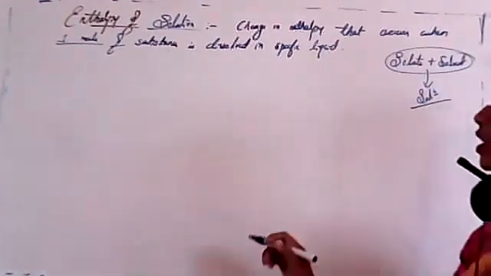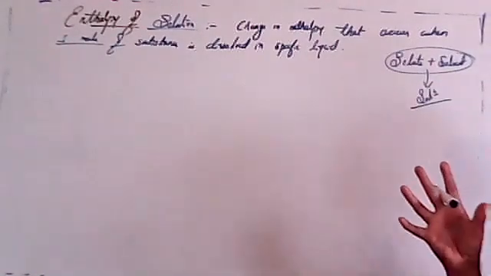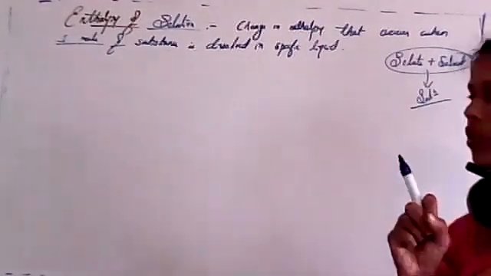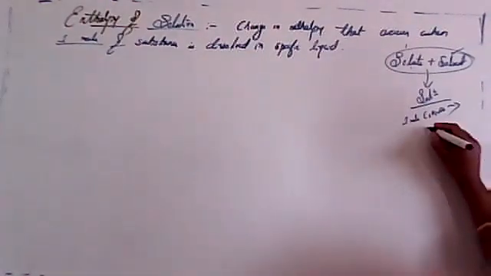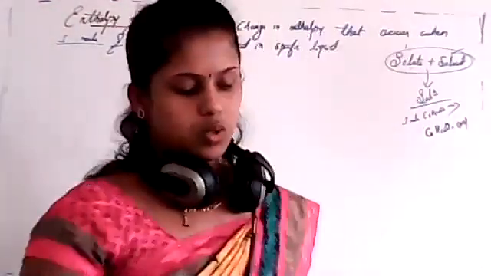Now the solute is considered in a small quantity and the solvent in a large quantity. If I consider 1 mole of sugar or glucose, C6H12O6, and dissolve it in water, we get an aqueous solution of sugar.